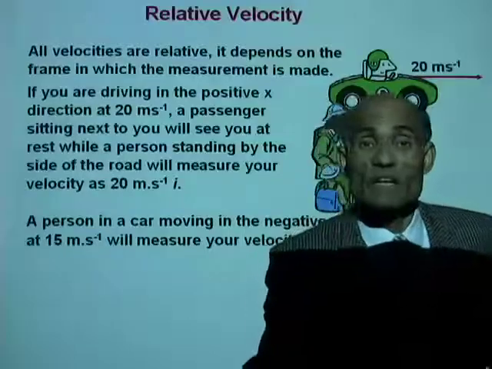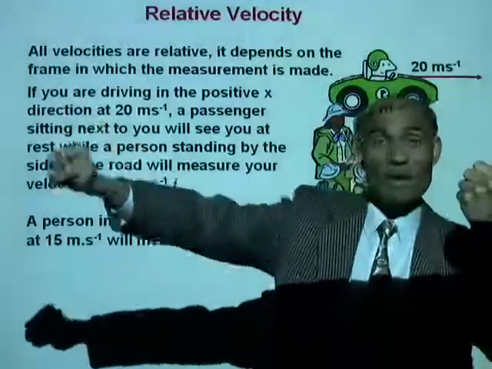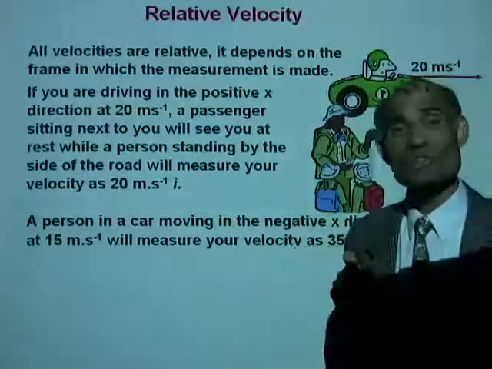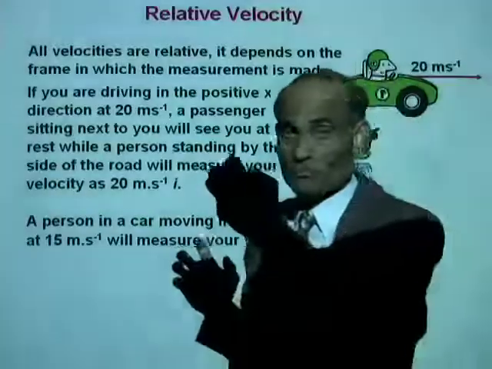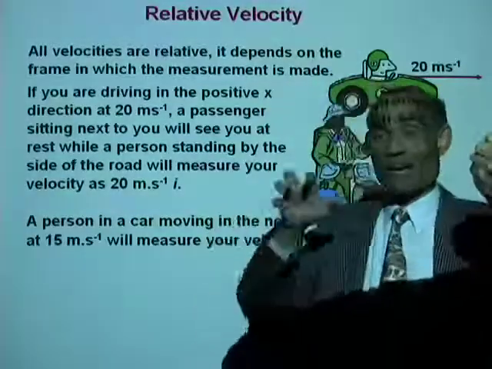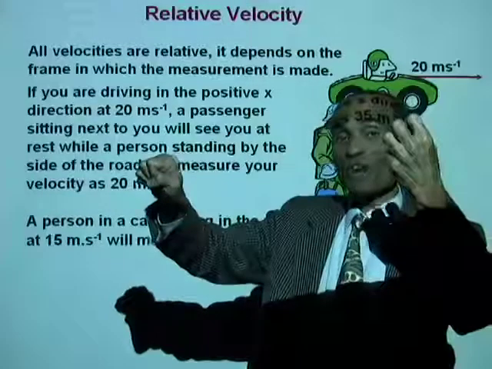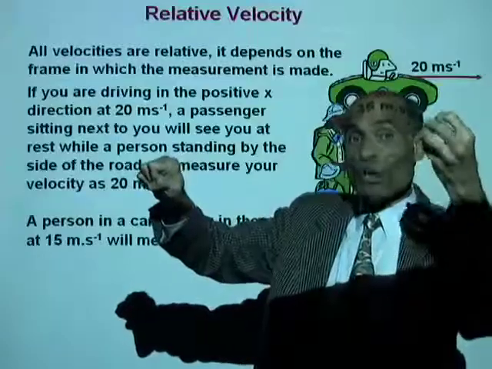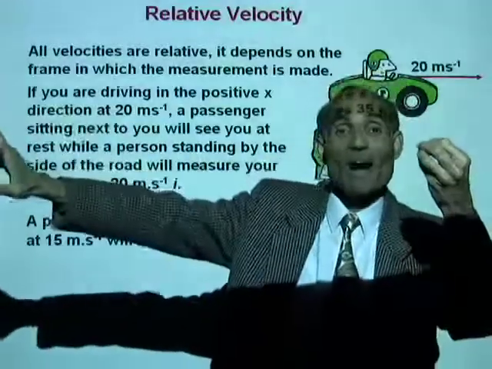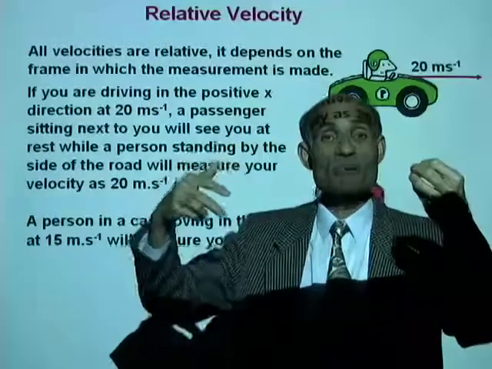You see, that person will see you moving away from him at 35 meters per second. Have you understood that? The person in the second car is moving west and you are moving east. So the person in the car that is moving west will see you moving away from him at 20 plus 15, that is 35 meters per second.